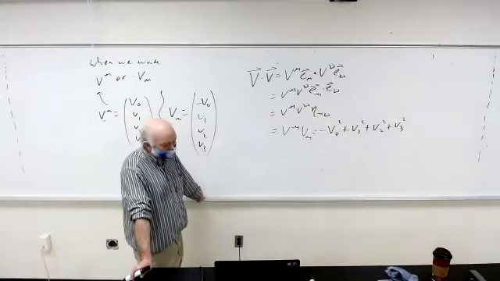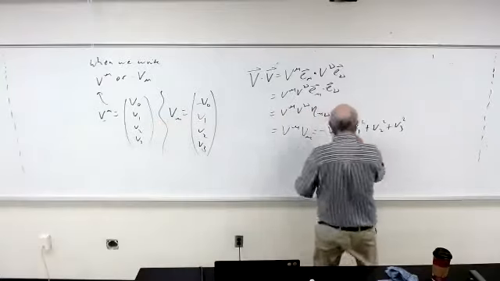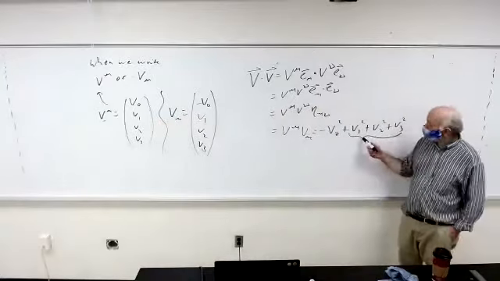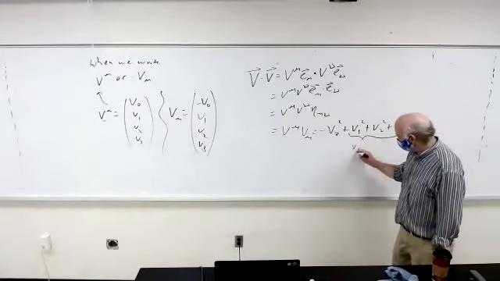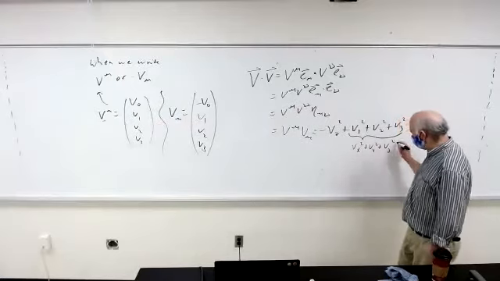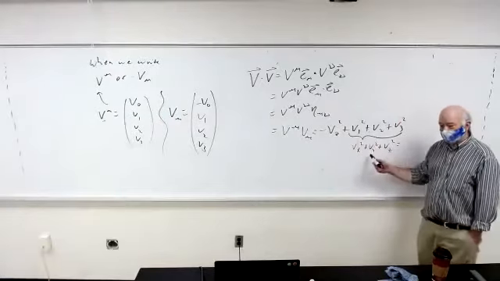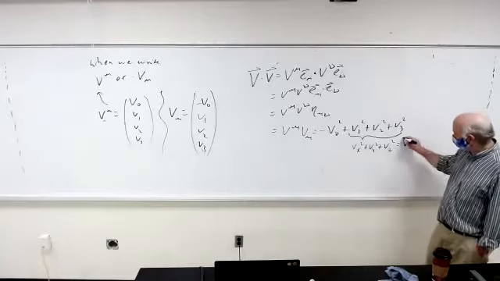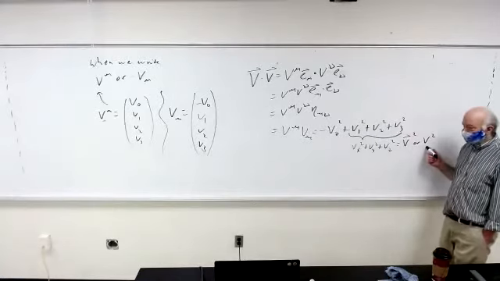Does that make sense? Now, sometimes in books, what does this part look like? Remember, 1, 2, and 3 are really x, y, z. So this is vx squared plus vy squared plus vz squared. Normally, how would you write this in a book? It's like v vector squared, or v squared like this. It's a 3-component thing.